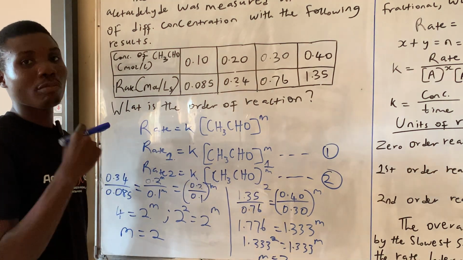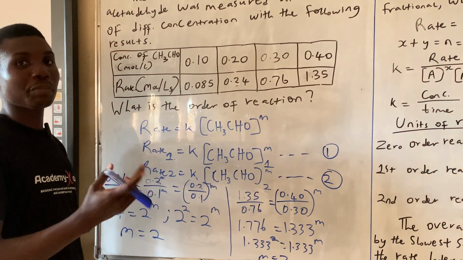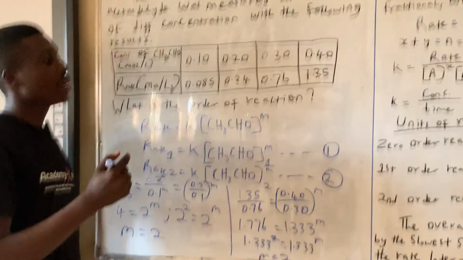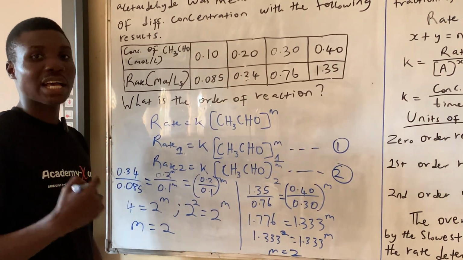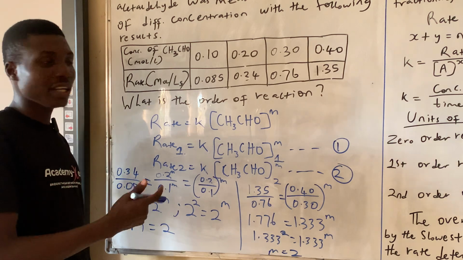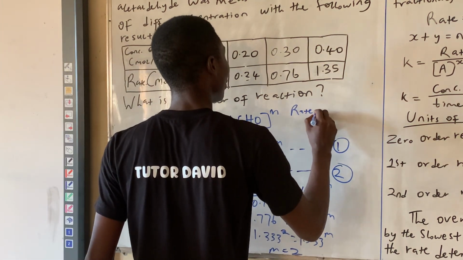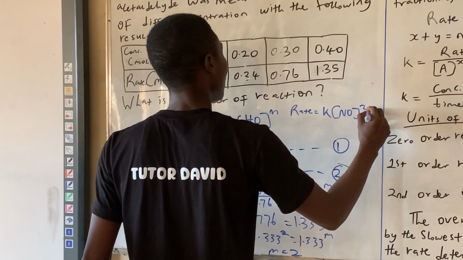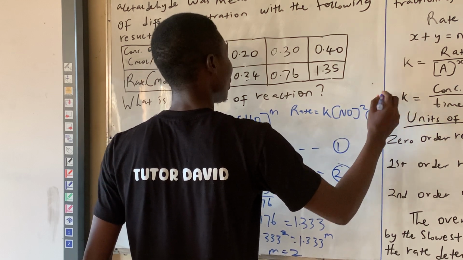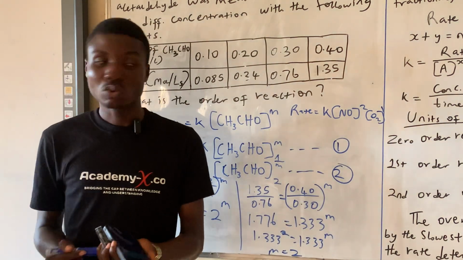You can go back to the previous video and apply these things, as I explained, and see that the rate of reaction for the reaction between nitrogen monoxide and oxygen is rate equal to K NO raised to the power of 2 and then O2 raised to the power of 1. So you can go back and do that.